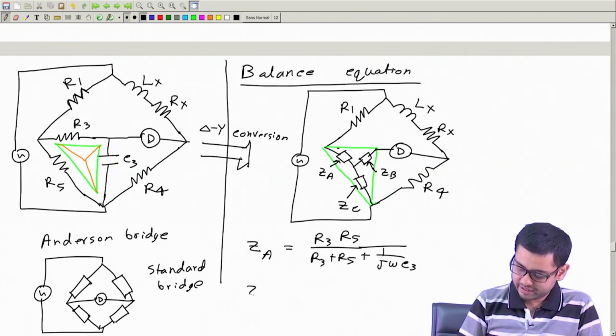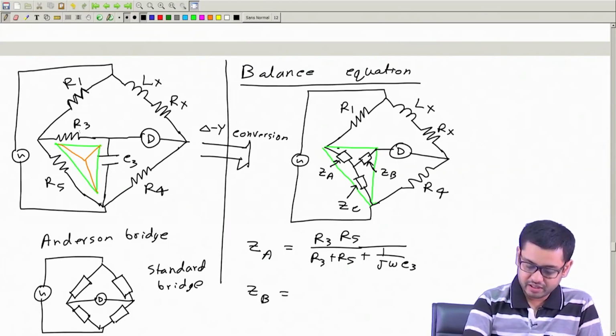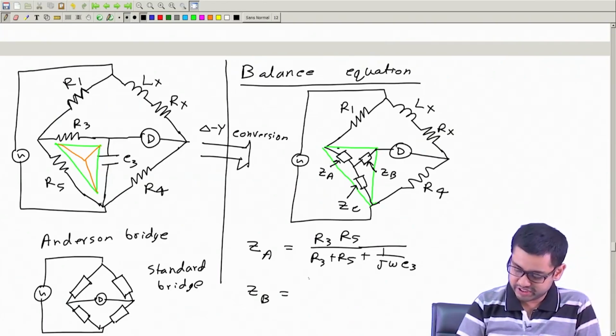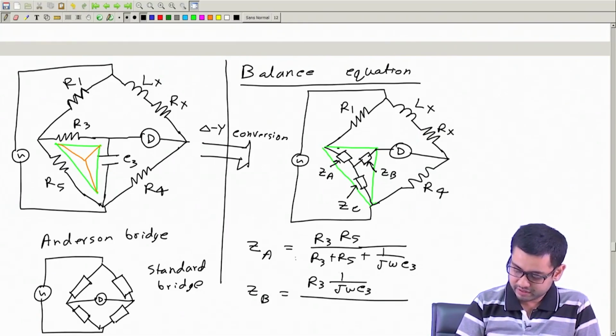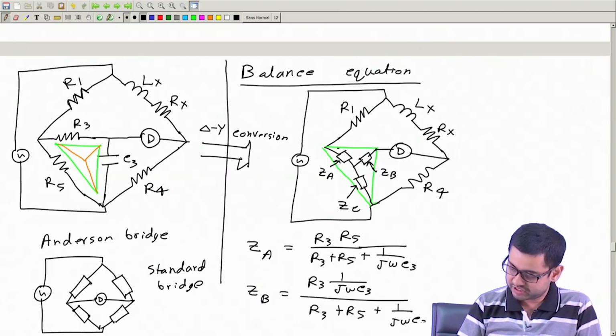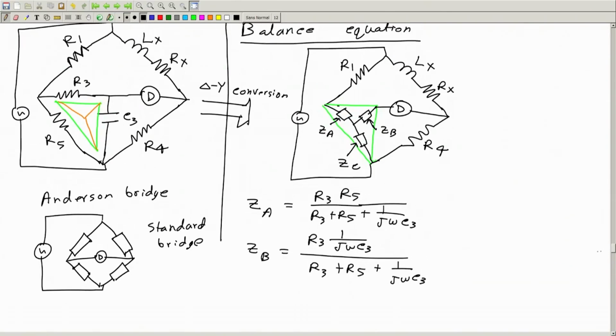This is ZA. Similarly, ZB is this: the impedance of this, 1 by j omega C3, multiplied by this, whole divided by the sum of all three, R3 plus R5 plus 1 by j omega C3. ZC is something similar. This is your homework.